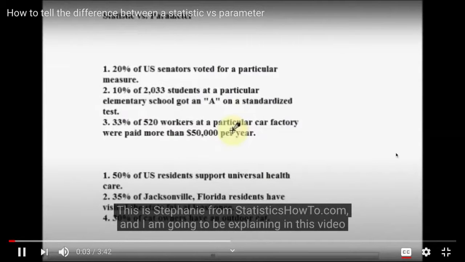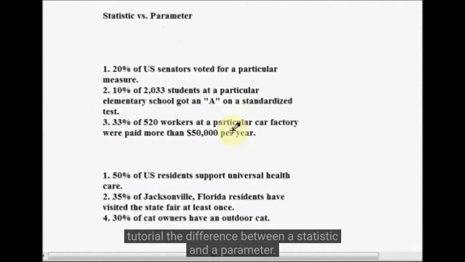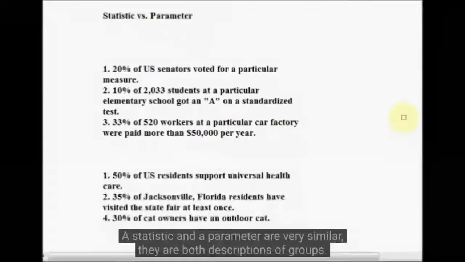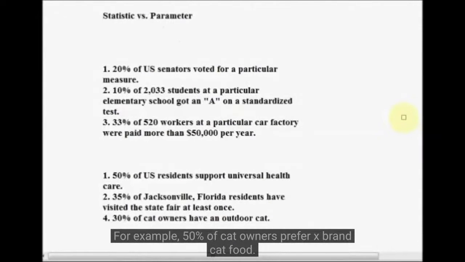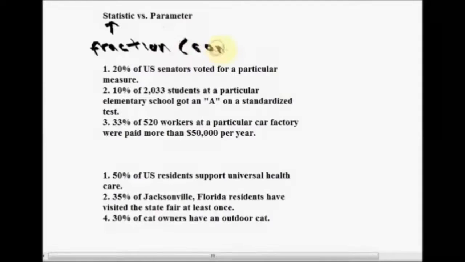This is Stephanie from statisticshowto.com, and I'm going to be explaining in this video tutorial the difference between a statistic and a parameter. A statistic and a parameter are very similar. They're both descriptions of groups. For example, 50% of cat owners prefer X brand cat food. That could be a statistic and it could be a parameter. A statistic is a fraction of the population. That's what we call a sample.